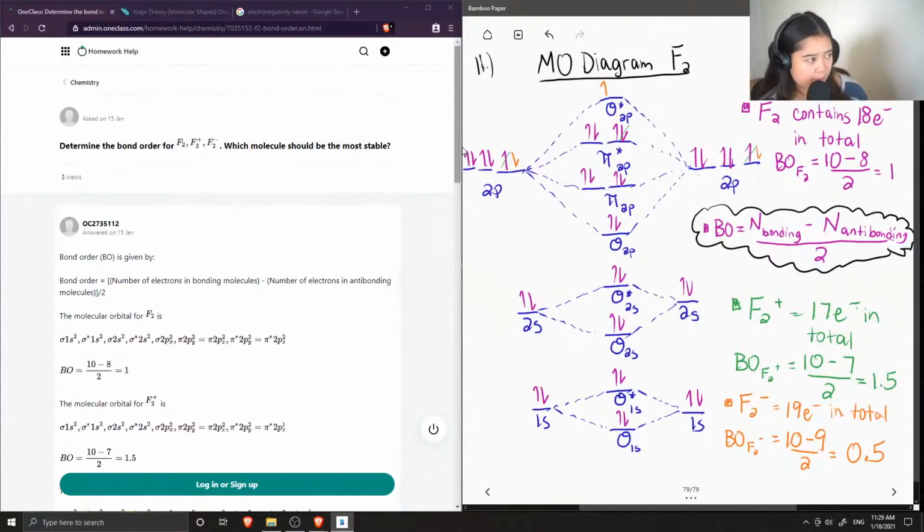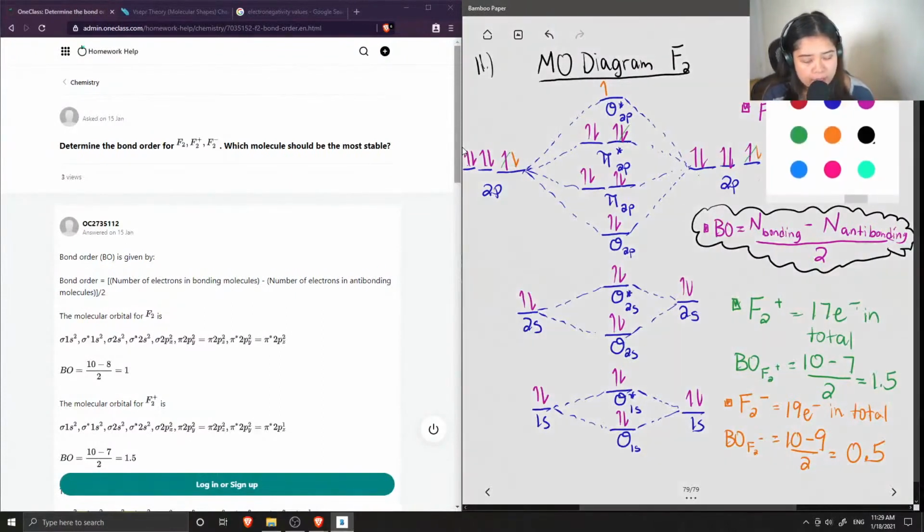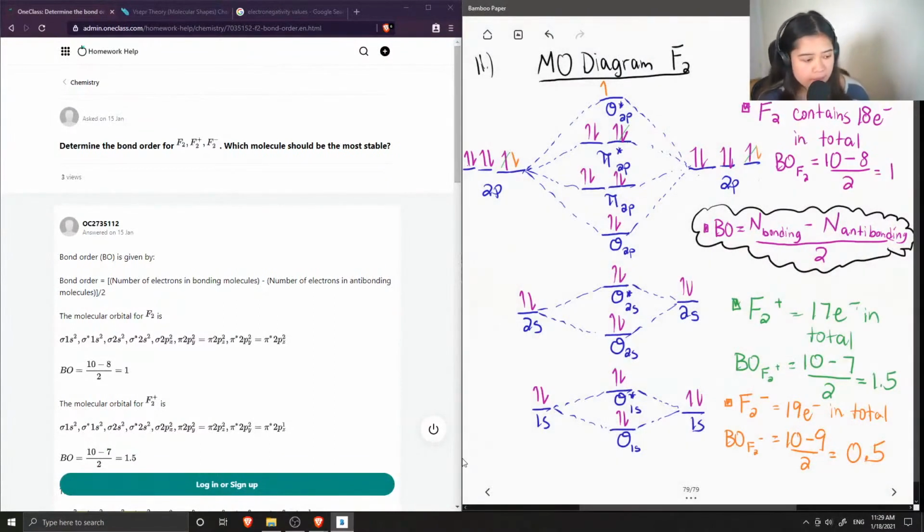Okay, so back to the actual question. We determined all the bond orders, but now we need to know which molecule is the most stable. So I'll have a little explanation here. Stability is proportional to bond order.